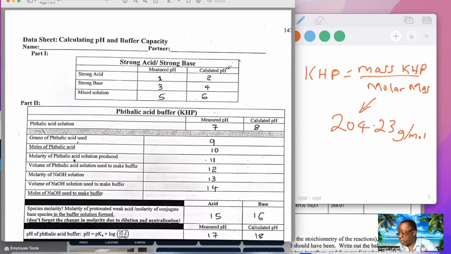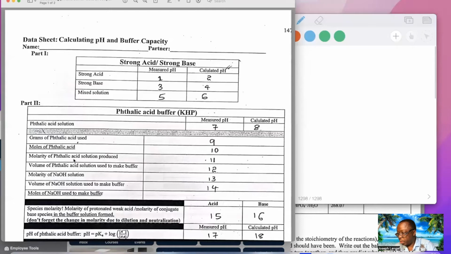Molarity, which is number 11. How do you proceed with molarity? Molarity of KHP, M, is given by number of moles over volume in liters.